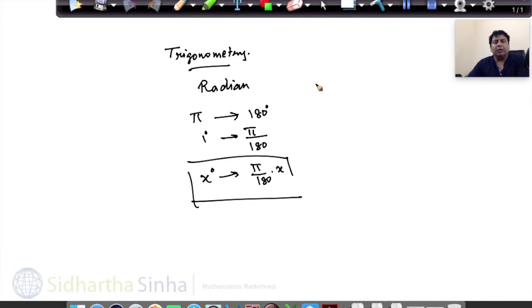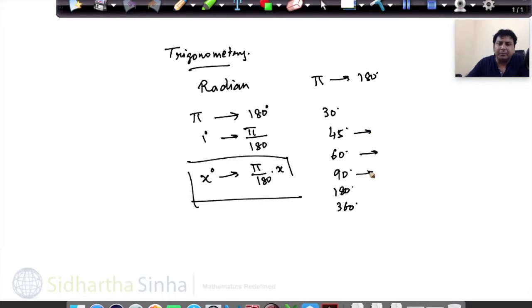Now let's write a few angles which I'll be using all the time. Because pi is 180 degrees, let's write 30, 45, 60, 90, and more, like 180 and 360. What will be the radian measurement of these?